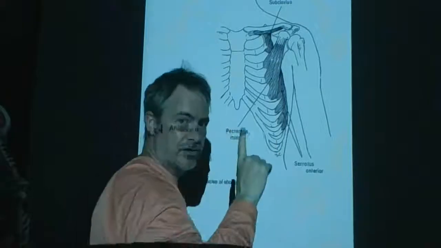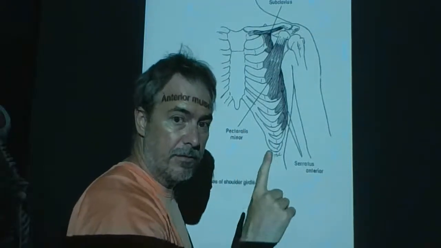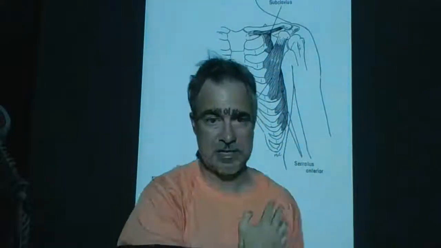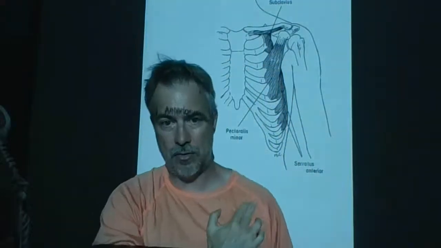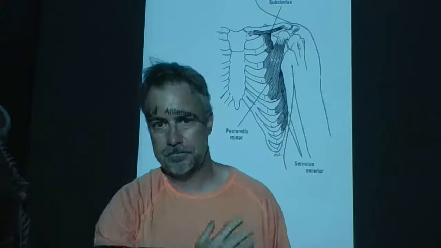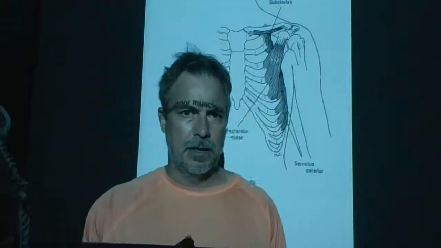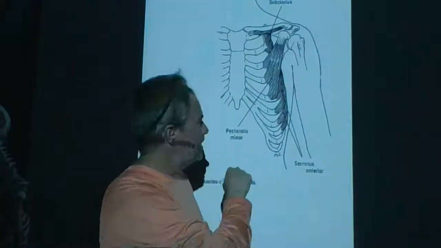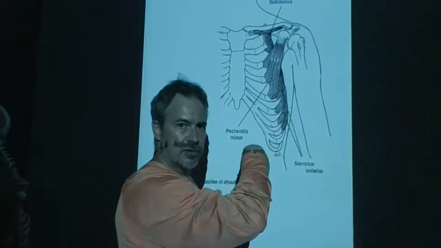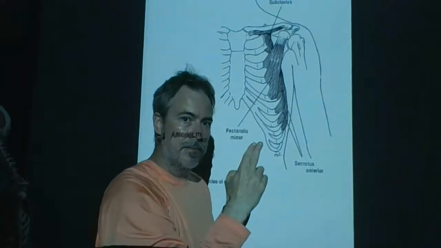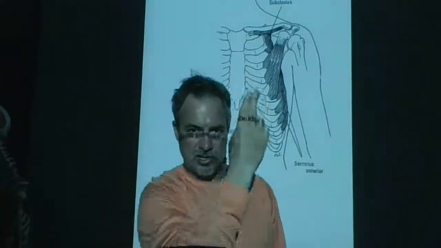So the first function should be pretty obvious. Pulling in a direction of depression, pulling the scapula down. The second and third function is a little tougher. This is a two-dimensional picture, but it's a three-dimensional concept. What I mean by that is all you see is the straight down pull.